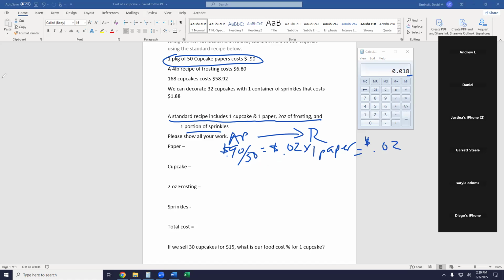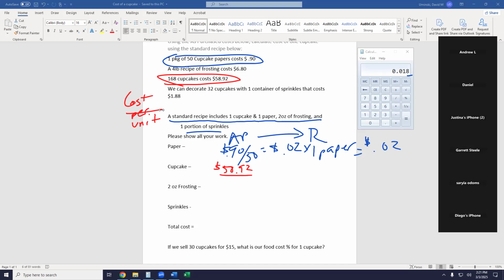Okay. In a different color, for cupcakes, we have 168 cupcakes and it costs us $58.92. Remember, we have cost per unit, and that word per is our division line.